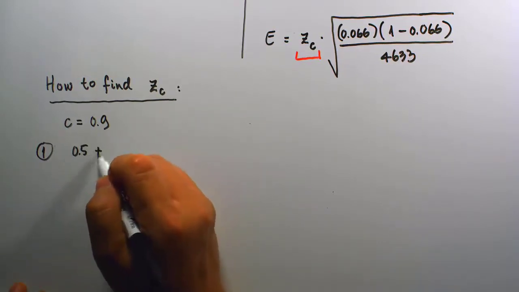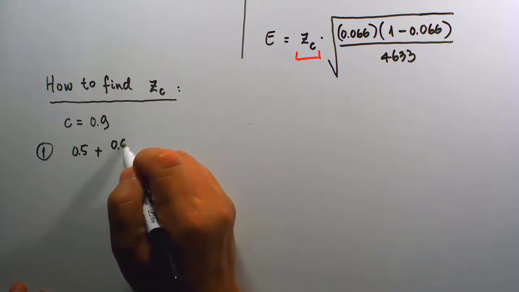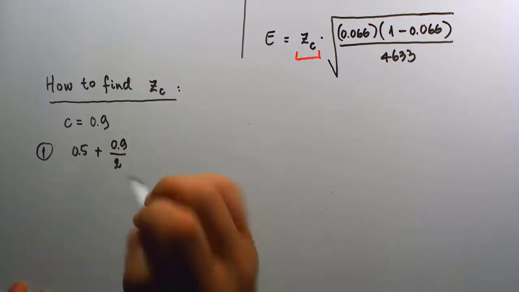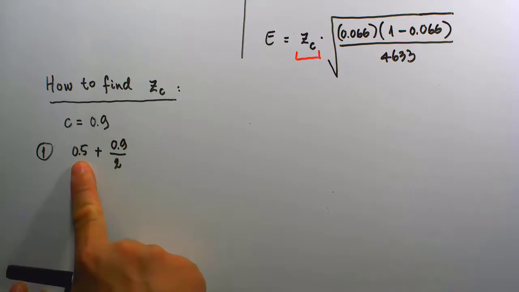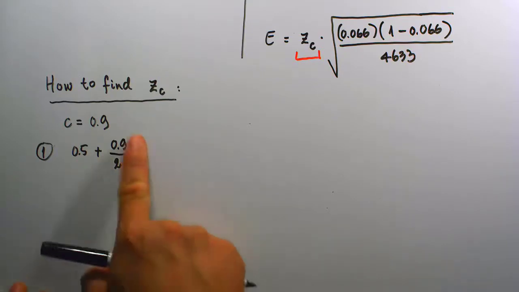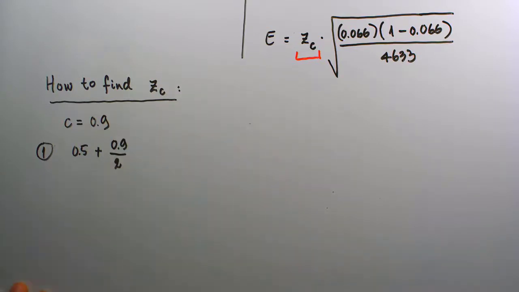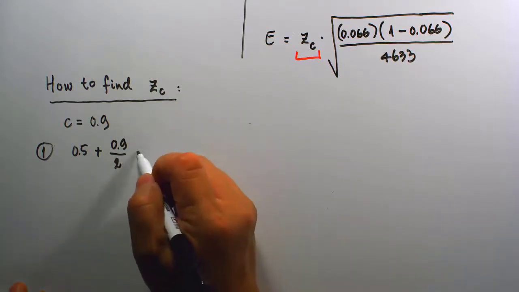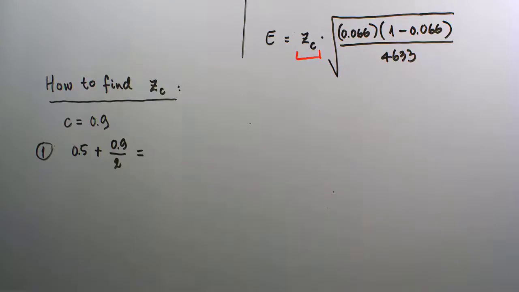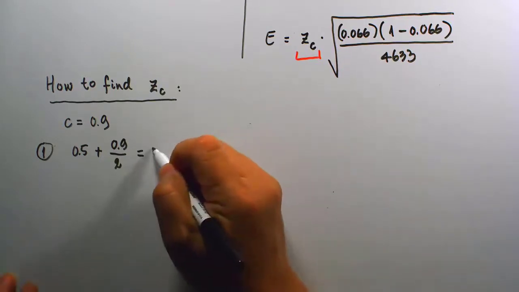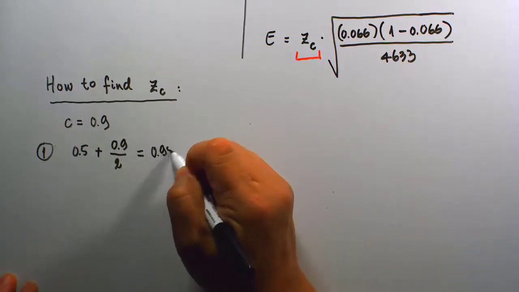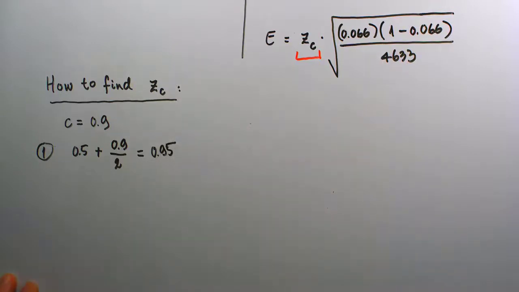0.5 plus half of 0.9. And so 0.5 is by itself, but add half of 0.9, and remind yourself that 0.9 here is the confidence level. And so this value comes out to be 0.95 in its complete precision.